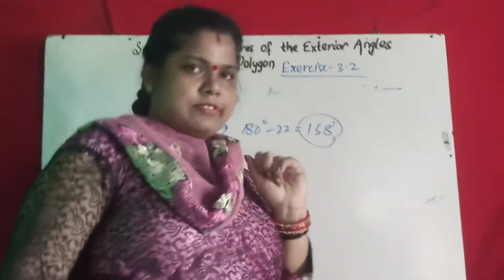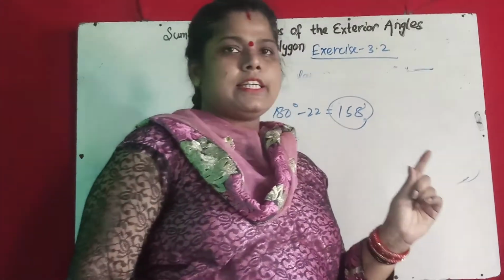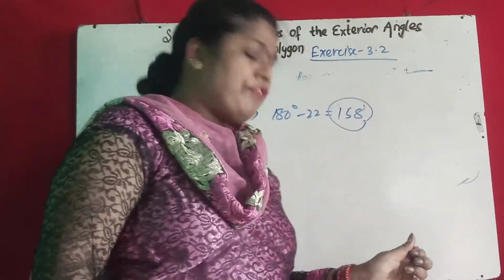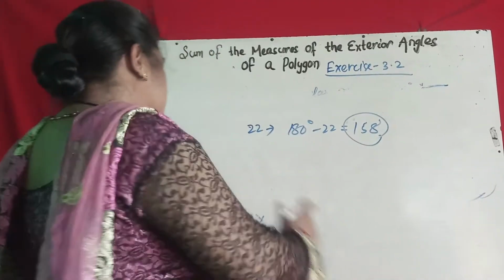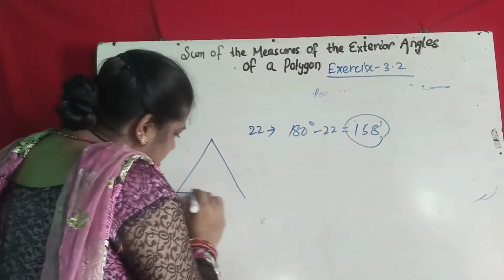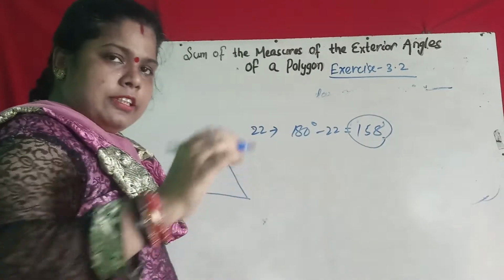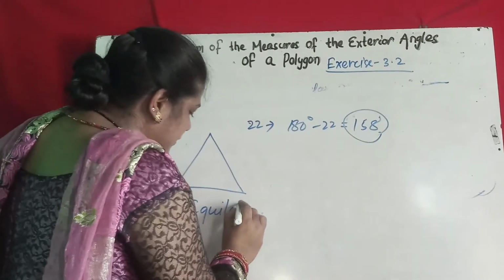Then another question, number 6. It is an intelligent question: what is the minimum interior angle possible of a regular polygon? Regular polygon means it starts with 3 sides. It is a triangle. If it is a regular polygon, that means it is an equilateral triangle.